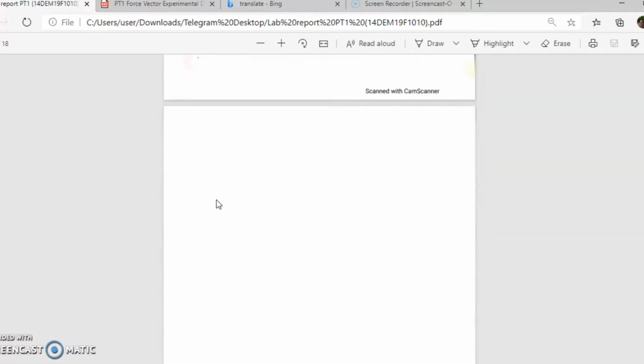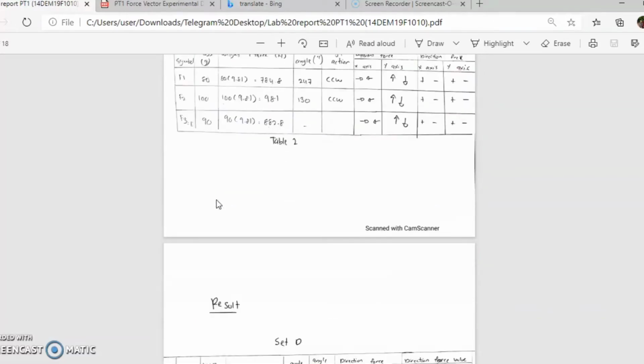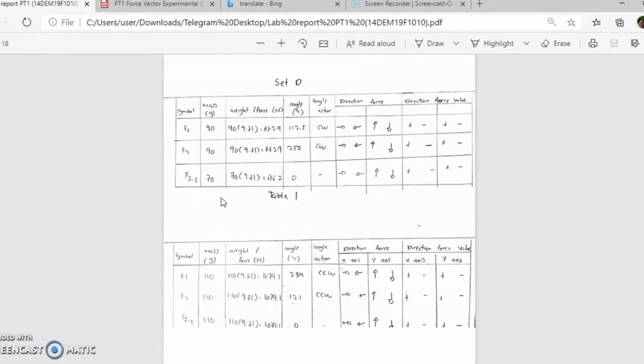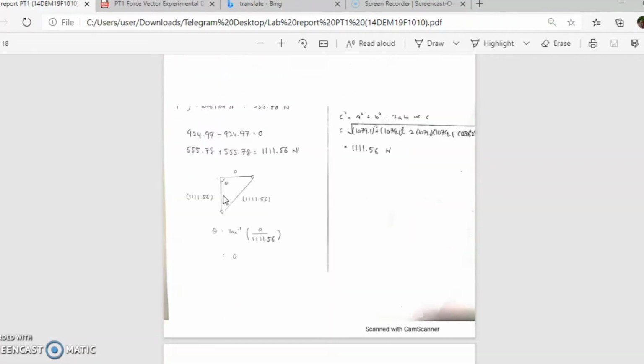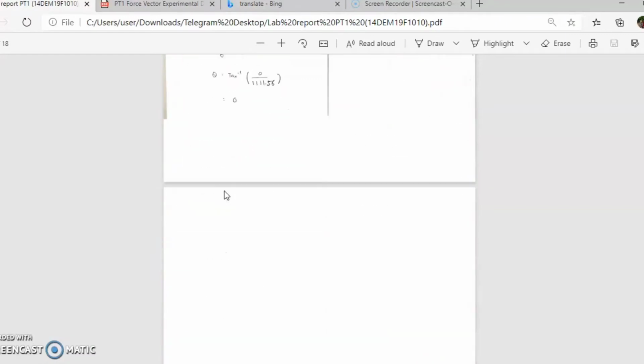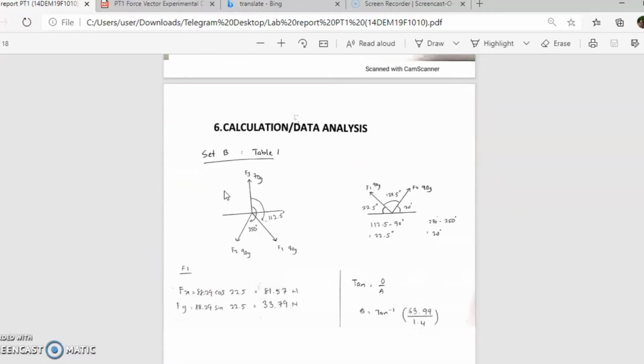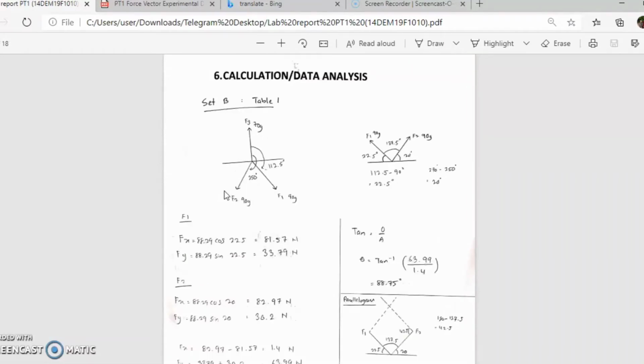Next, for calculation, firstly, we need to change the value of mass into newton.